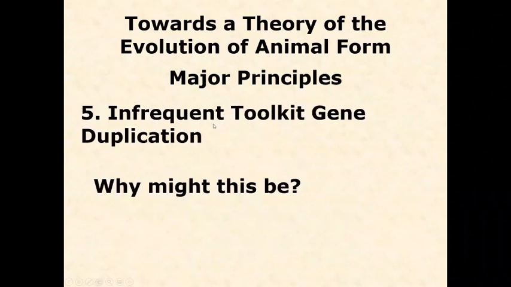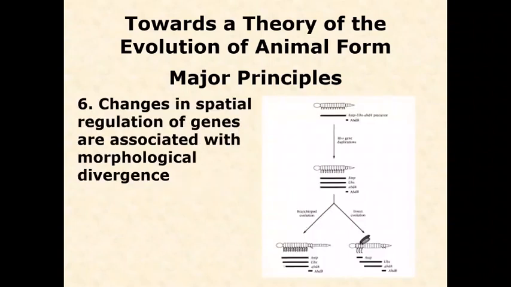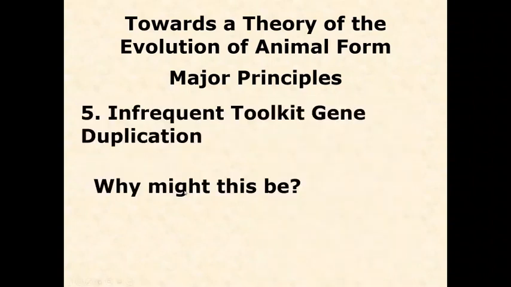Okay? Now, the other thing that we found is that despite gene duplication being a very, very important trend among the developmental genes, these toolkit genes, it's not as common as maybe we might have initially thought. And so maybe the reason for this, why might this be, is because these are really, really critical genes, and changes to them are going to make major differences in the organism.